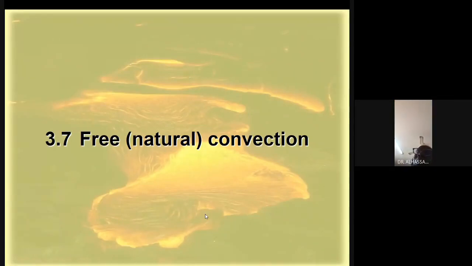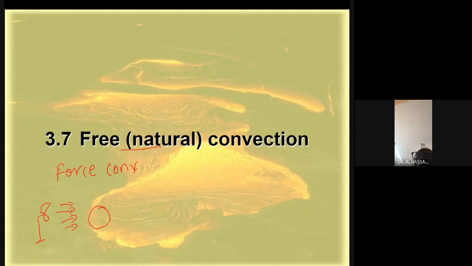So far we have completed forced convection. Now I want to look at natural or free convection. What is the difference between the two? In forced convection, if we have a hot surface, the fluid is always forced to flow across the hot surface.